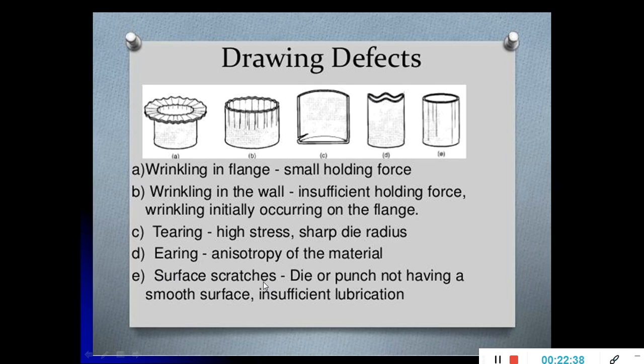Then the last one is surface scratches. Surface scratches may form on the outside layer of a workpiece due to insufficient lubricant. If lubrication is not provided in the drawing die, the material gets scratched. The marks left by the die may remain on the surface of the workpiece, known as surface scratches. So these are some drawing defects.